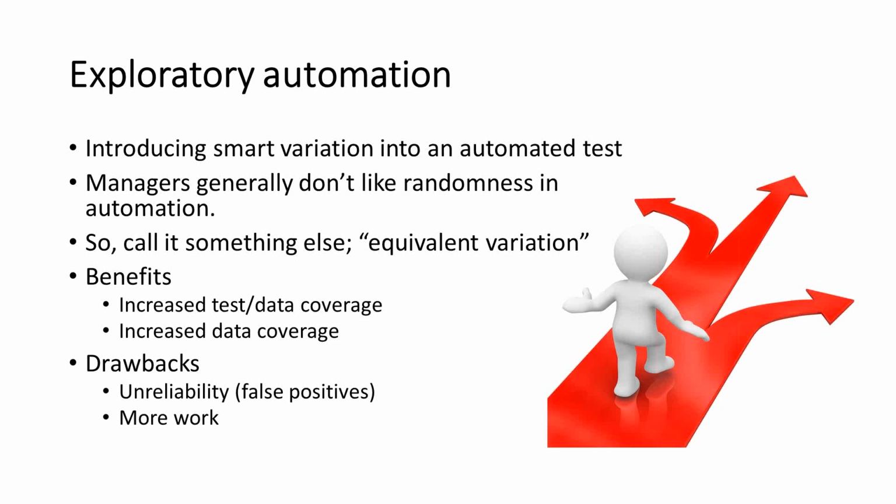The biggest benefit of variation is, of course, you get greater test coverage, greater data coverage. There are some good things. Additionally, by introducing variation, you could also find potential bugs that you didn't find with hard-coded data. Also, hard-coded data tends to be too generic. Again, one of the things that we see a lot is this Bob Smith example for login password.